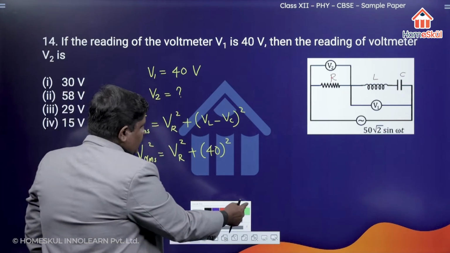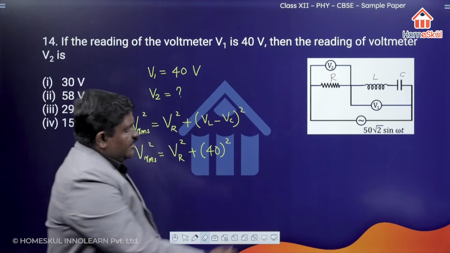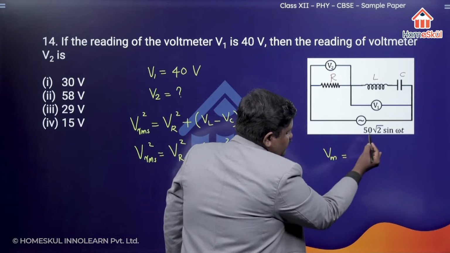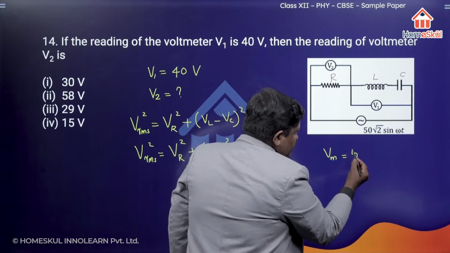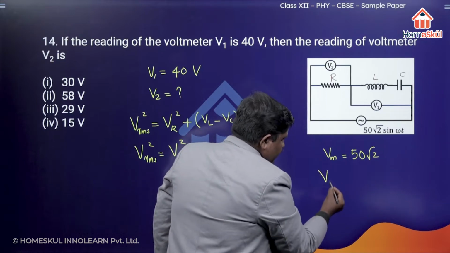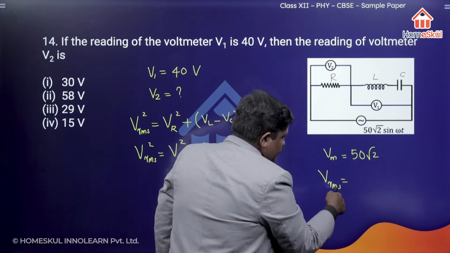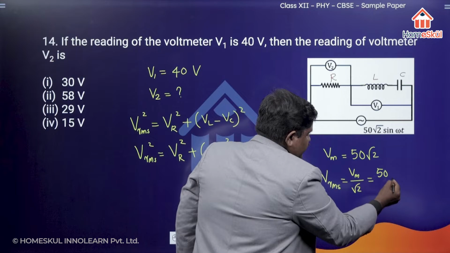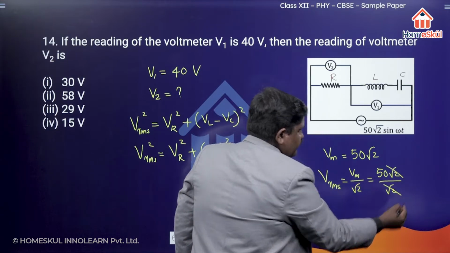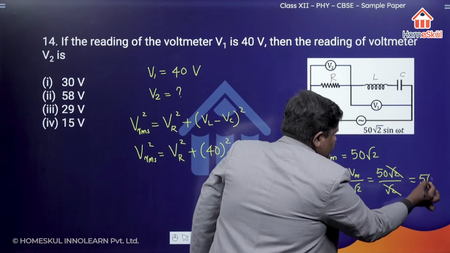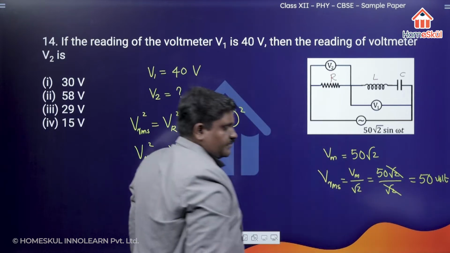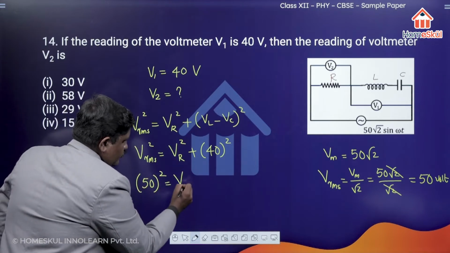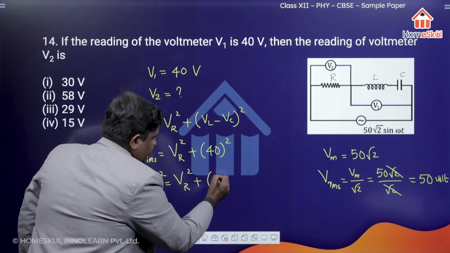Now we calculate VRMS. We have Vm as 50 root 2 from 50 root 2 sin omega t. VRMS is equal to Vm by root 2, that is 50 root 2 by root 2, so root 2 gets cancelled. We get VRMS equal to 50 volt. Substituting, we get 50 square is equal to VR square plus 40 square.